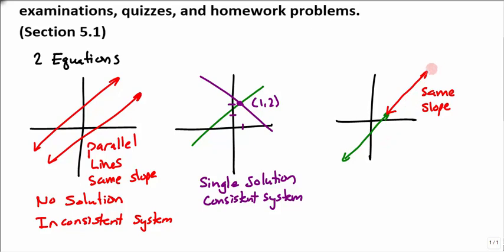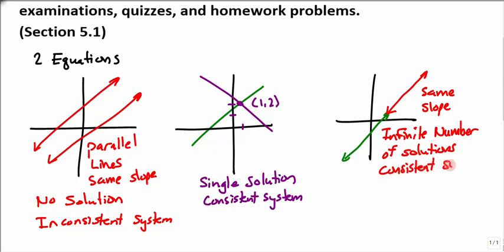However, this one, because they cross at all points, has an infinite number of solutions. Now this is called a consistent system as well, because it has a solution. And in fact, it has an infinite number of solutions.